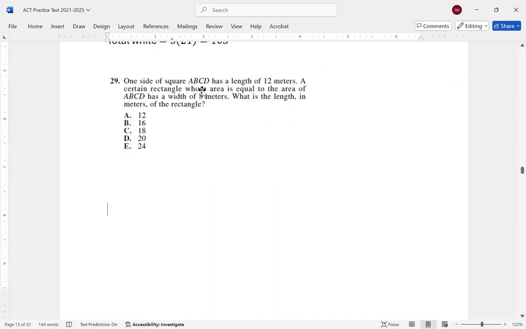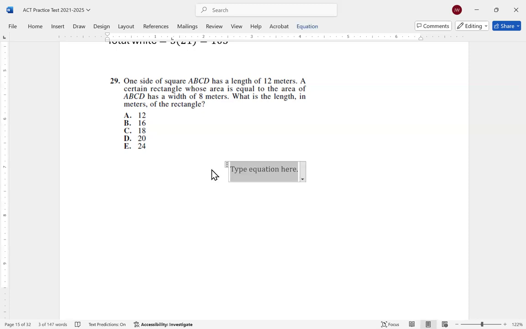Question 29. One side of square ABCD has length of 12 meters. A certain rectangle whose area is equal to the area of ABCD has a width of 8 meters. What is the length in meters of that rectangle?